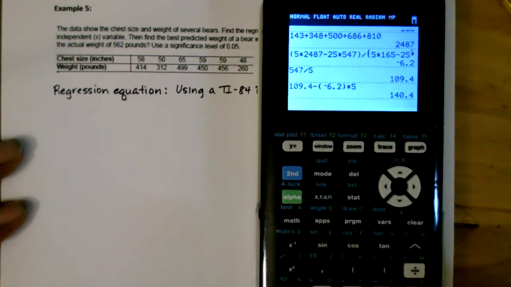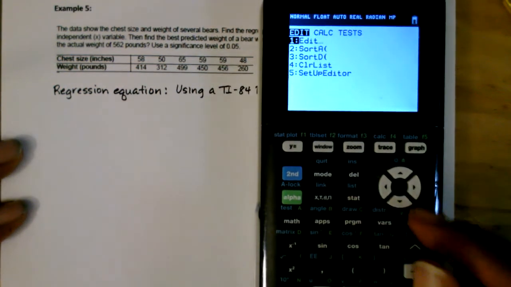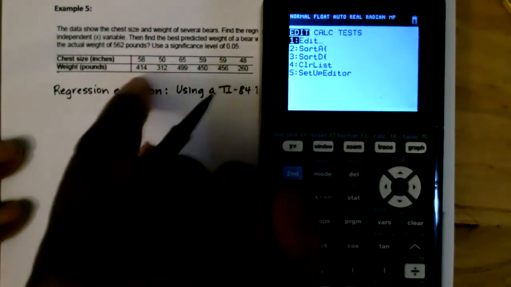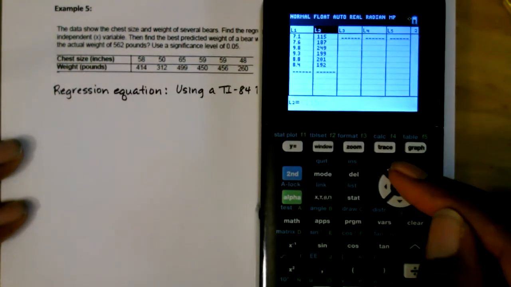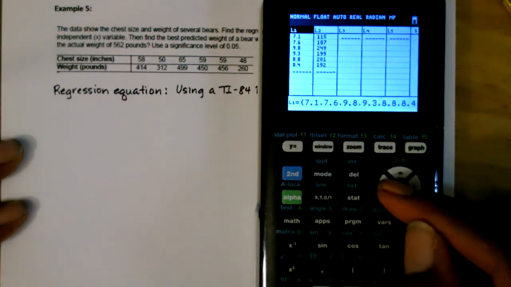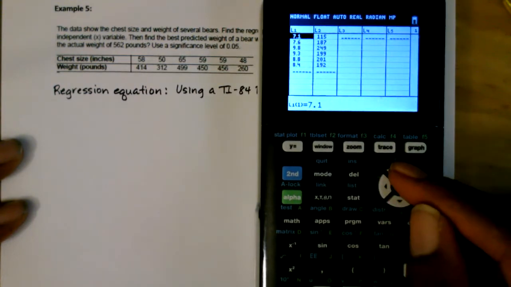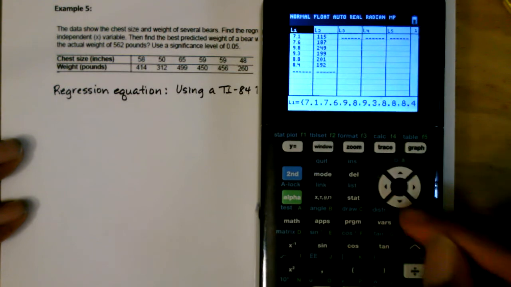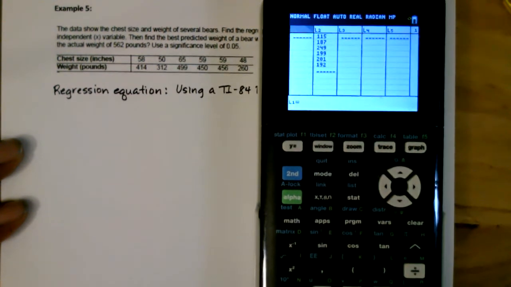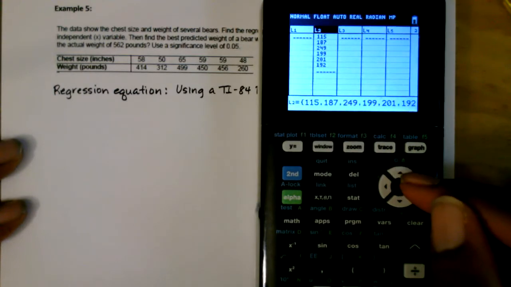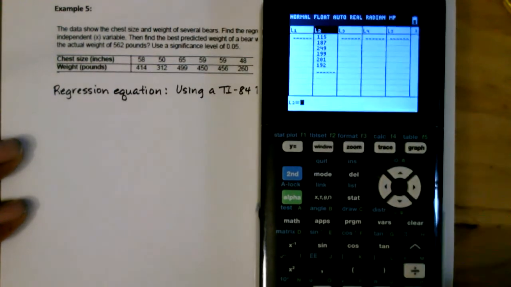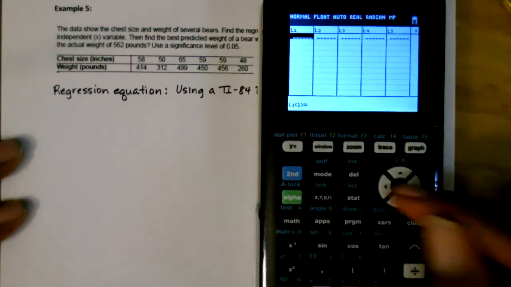So in this case here, go to stats, and we're going to edit because we're going to be putting in brand new data values. So we select number 1. And to clear any data that you have here, use your up arrow key to highlight L1, press clear and enter. And then for L2, use your up arrow key to highlight L2, press clear, enter. That clears out all the data.